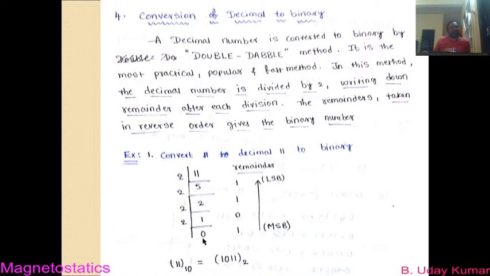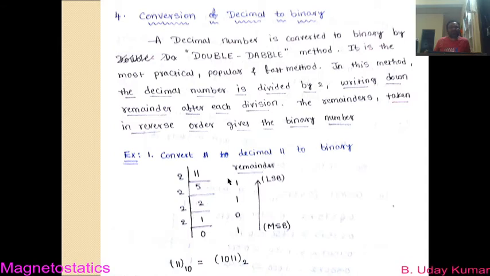Once the division is complete, the remainders that you get are taken in reverse order. That number gives you the binary number converted from the given decimal number. Try to understand that. Anyway, the steps are discussed in this paragraph.